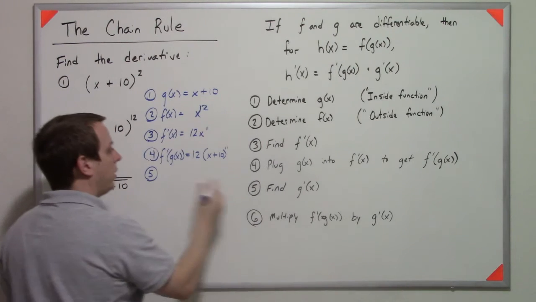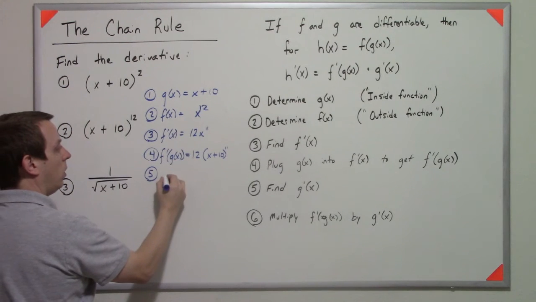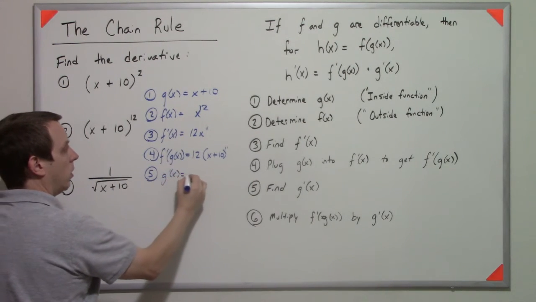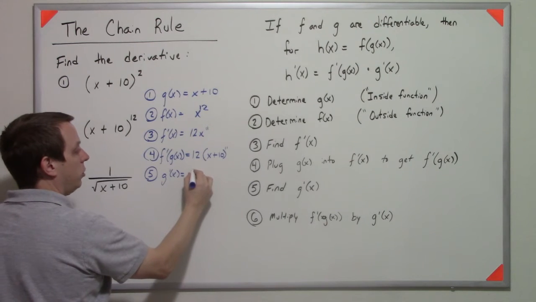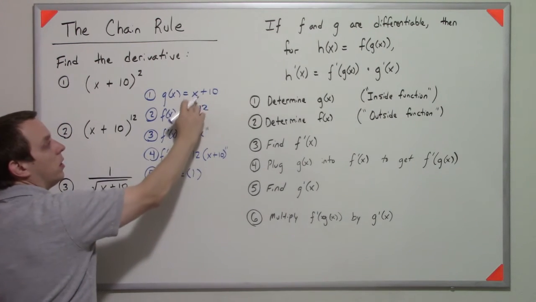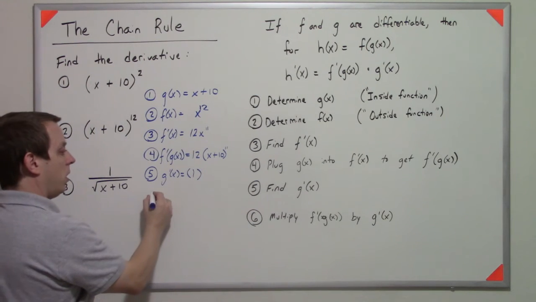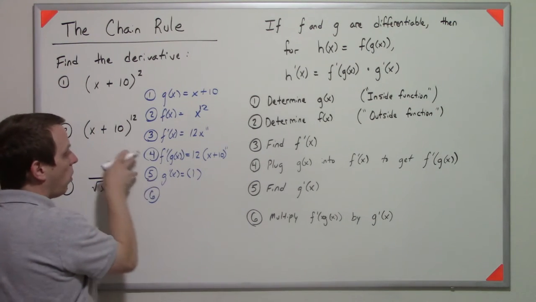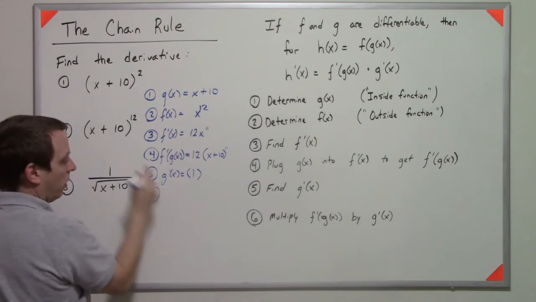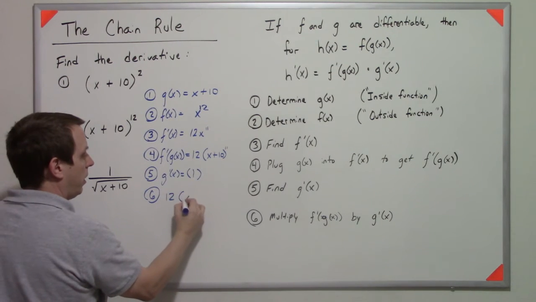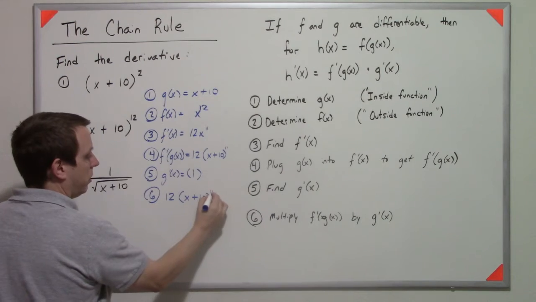Then we have to find g prime, which is just 1 here, because that's 1 and the derivative of a constant is 0. So then we multiply these two together to get 12(x + 10)^11.